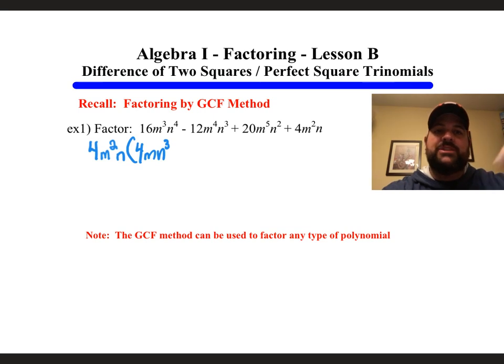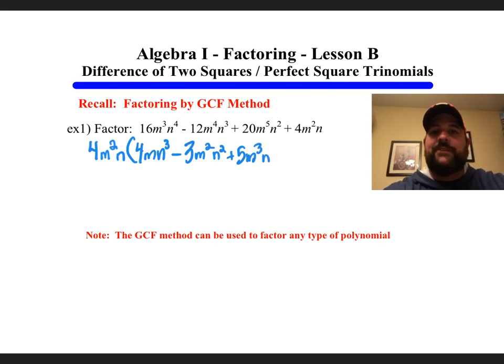Then we look at the next term. We had minus 12m to the fourth n cubed. We factored out the 4m squared n. That means we would be left with 3m squared n squared. Then we look at the third term, 20m to the fifth n squared. We factor it out. We would be left with 5m to the third n.